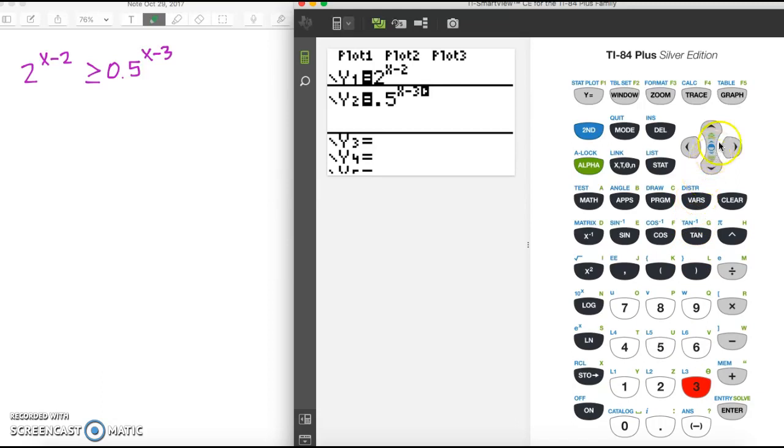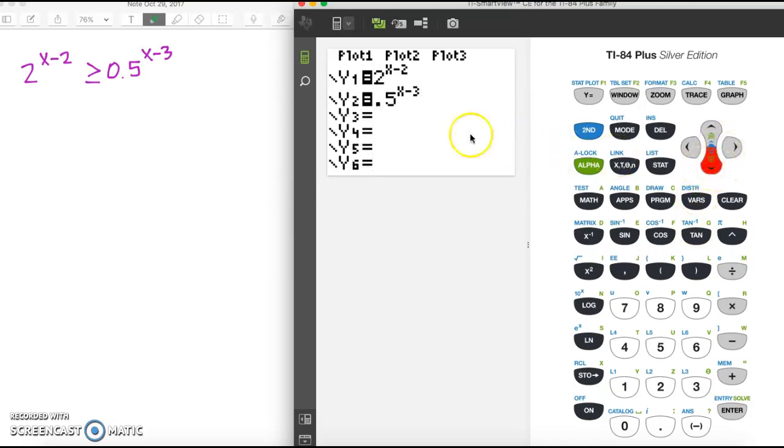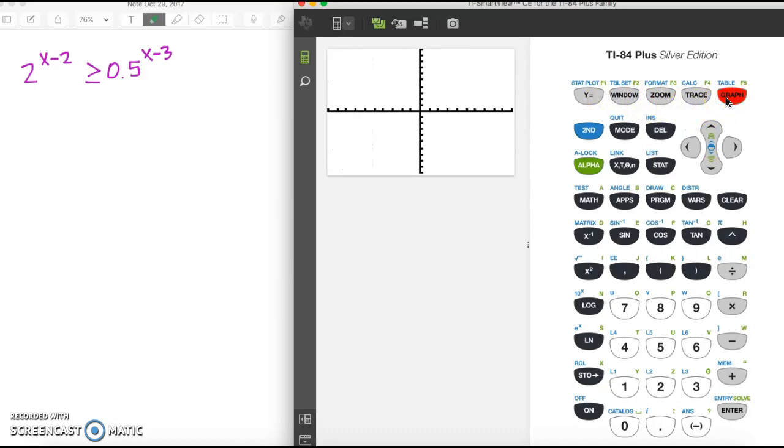Now if I graph these two equations, I can see there's the first one and there's the second one. I know that they're equal right here where they intersect each other.